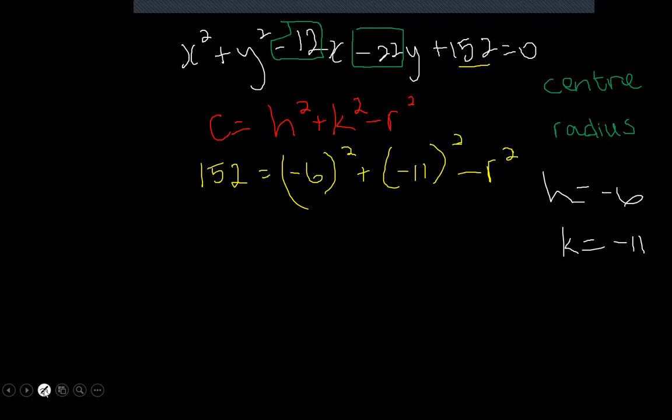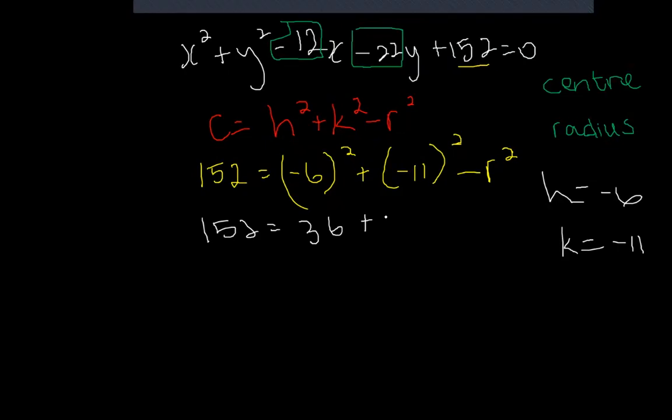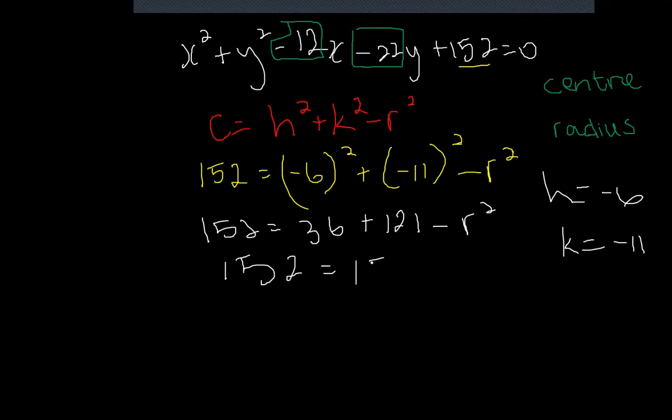So let me continue in white. 152 is equal to minus 6 squared, which is 36, and this is 121. So 152 is equal to 157 minus r squared.